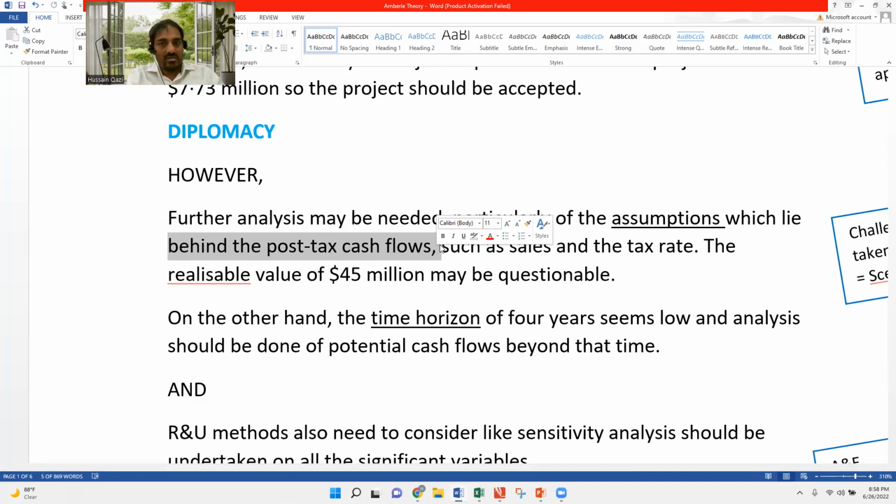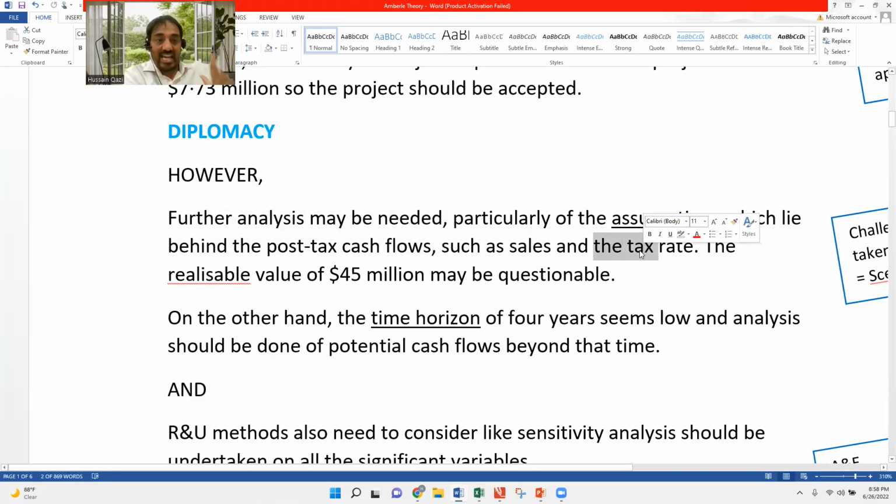I don't know. The background includes sales and tax rates. What are they? How have you taken the tax rates? Will the tax rates remain the same for the next 4 years?